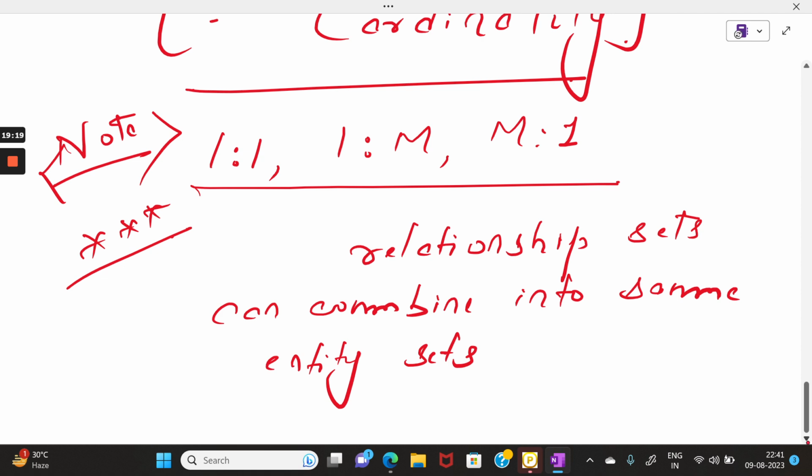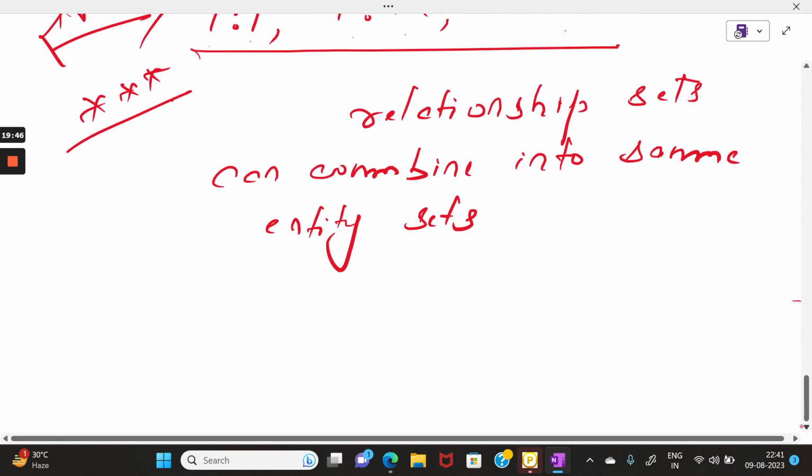This is the third step, as I told earlier in the steps for designing the ER model. First we get the requirements, we draw the ER diagram for that, and then we convert that ER diagram into RDBMS tables. So if it is 1 is to 1 mapping, 1 is to M mapping, or M is to 1 mapping, then the relationship sets can be combined into a single entity set.